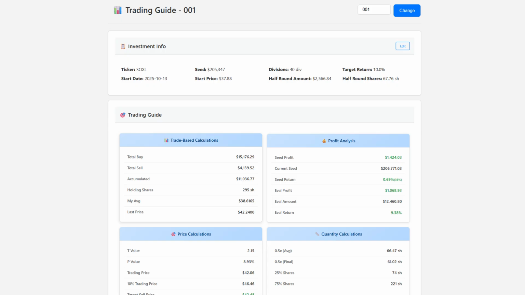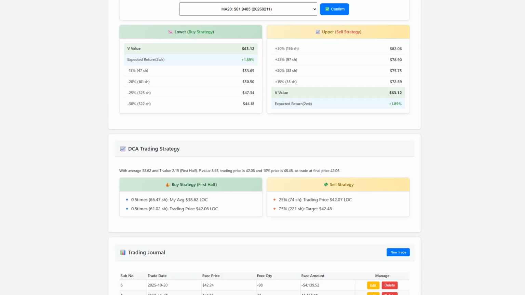After the sell, the strategy recalculates with reduced holdings. New sell targets are 74 shares at 42.07 and 221 shares at 42.48. The planner adapts to every change in your position.